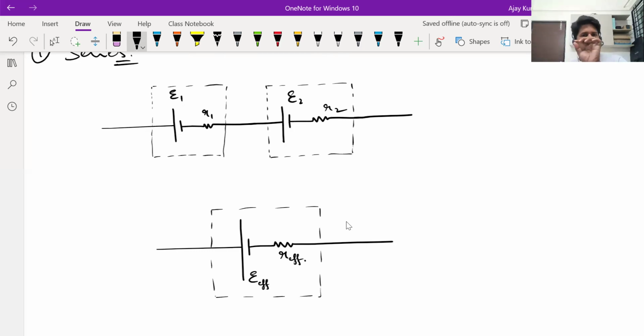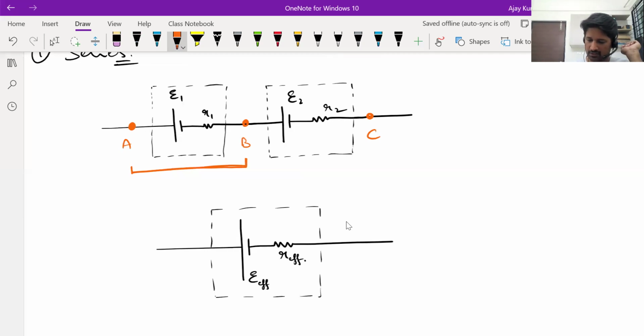Suppose no current passes through this combination. Let's mark these points. Let's say there is no current. Then how much is the potential difference between A and B?